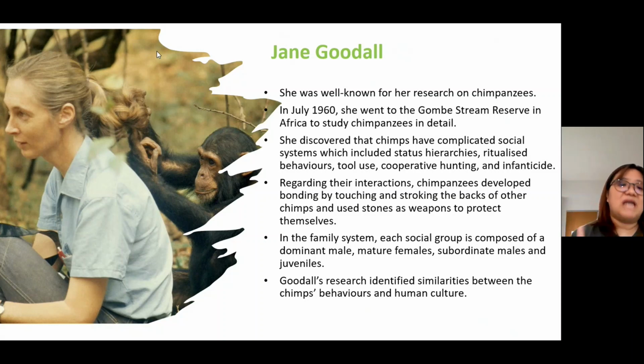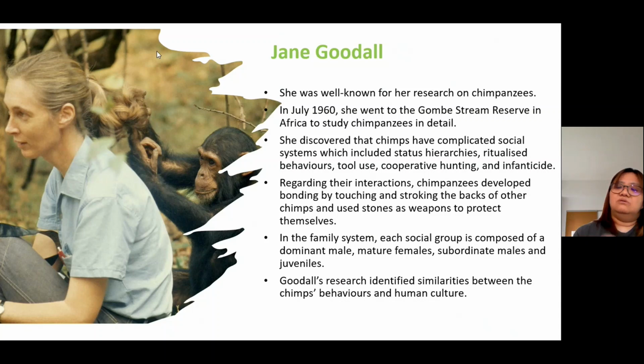They also have some ritualized behavior like altruism and grooming behavior among themselves. They were also able to learn to use some tools from their surroundings for protection purposes. They also practice cooperative hunting and infanticide.